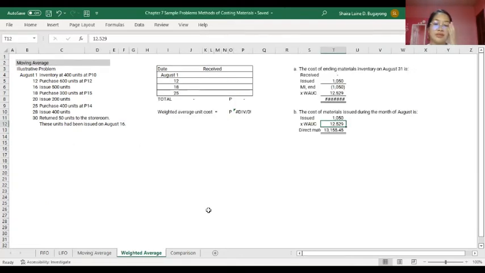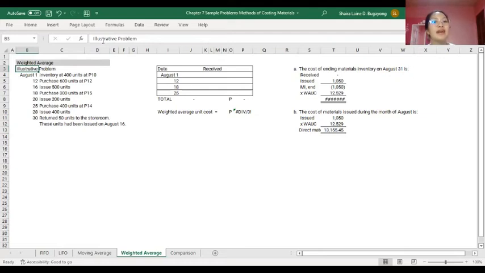Okay, so last method is if the company is using periodic nga inventory system, so we need to use the weighted, the moving weighted average.